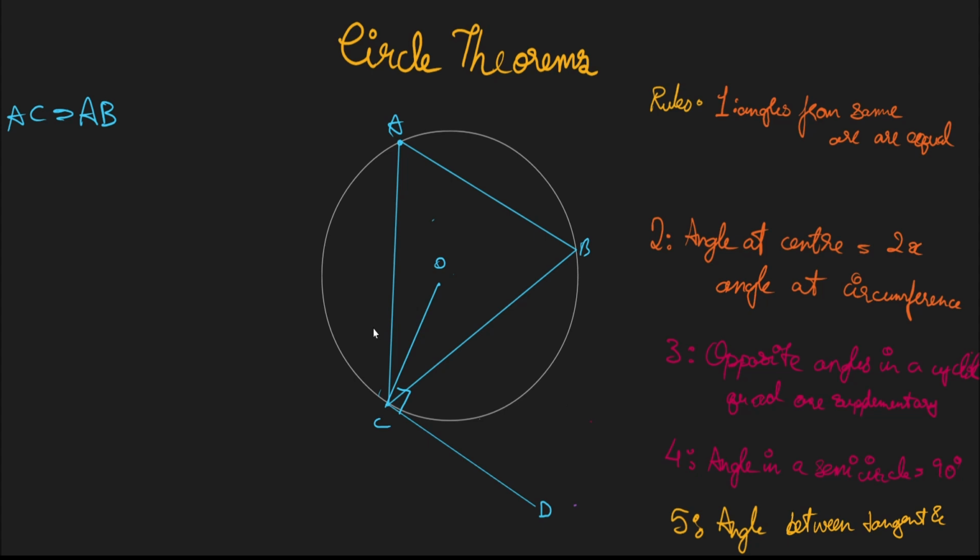So how we're going to prove that is, again, quite simple. We're going to go back to our first rule. So we're going to draw another angle here, and name this E. And sorry, if this is O, I'm going to move O out of our way. This is O. We're going to draw a diameter, right?